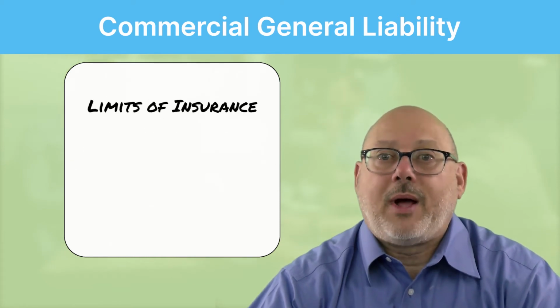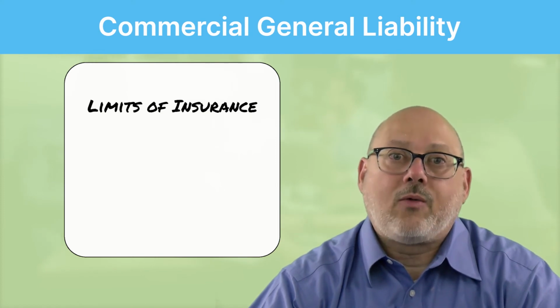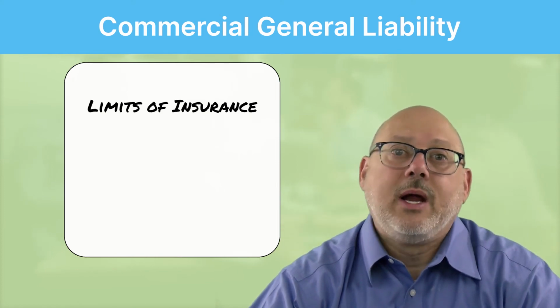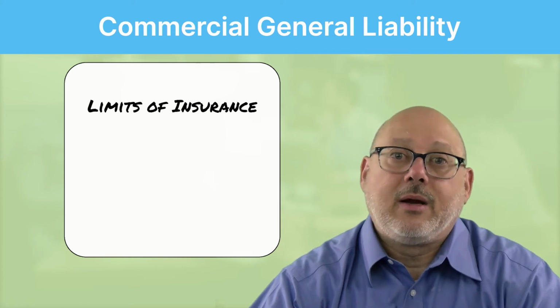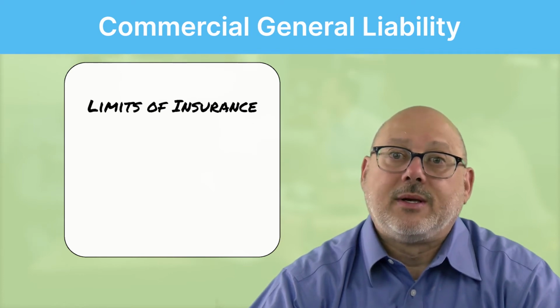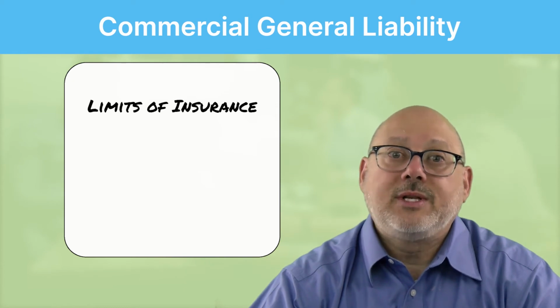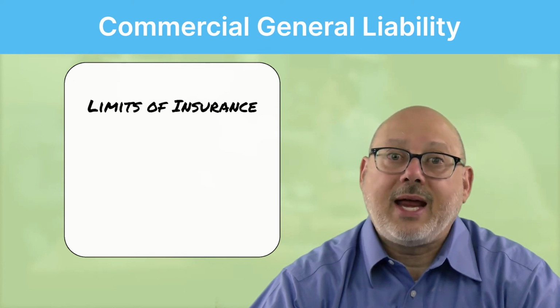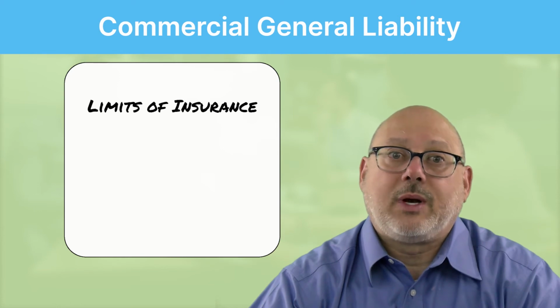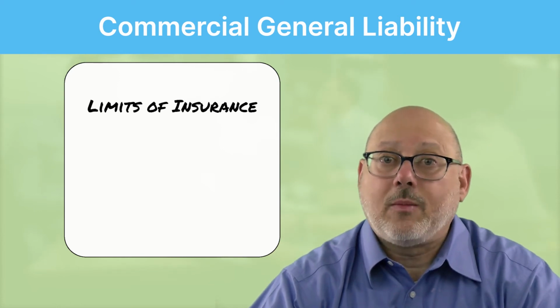The CGL policy is written with a general aggregate limit, which is the total amount for all Coverage A bodily injury and property damage liability, Coverage B personal and advertising injury, and Coverage C medical payments. The products completed operations aggregate limit is the most the insurer will pay under Coverage A for injuries or damages related to products and completed operation losses for the policy term.